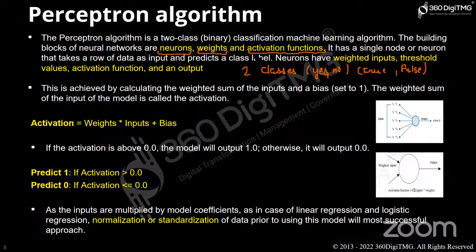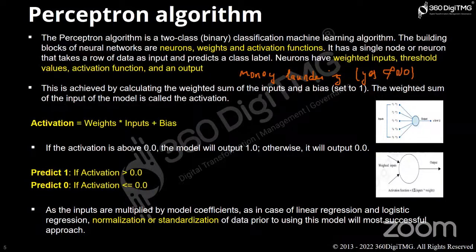So it has a single node or a single neuron that takes data as an input and predicts a class label. So what happens? You have one neuron. Information is being fed into this neuron and it is making some prediction. All right. So let's say, for example, you have money laundering, right? Now we are trying to classify whether a person is involved in money laundering or not.